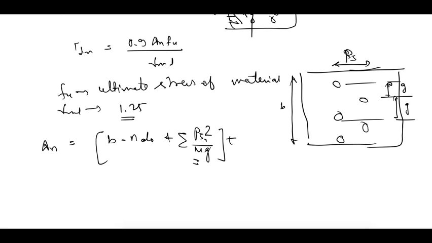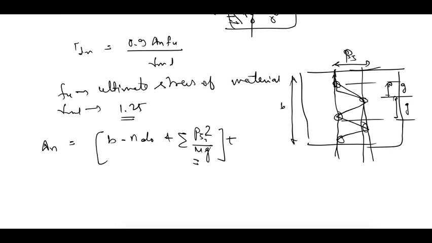If we are using staggered pitch or zigzag fashion, we have to take all these surfaces. We have to consider whether each surface is a critical surface or not. The surface which gives the minimum area would be the critical surface. Failure can happen along some surface like this, or like this also.